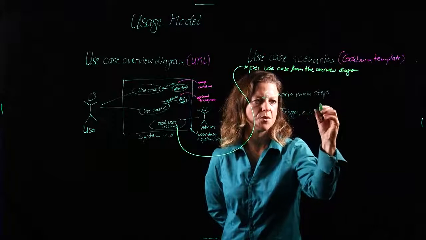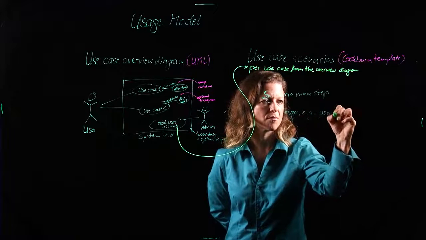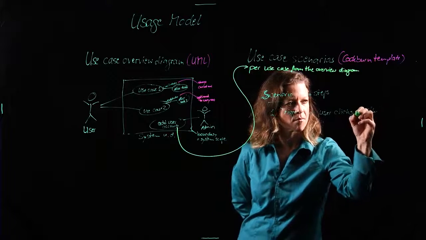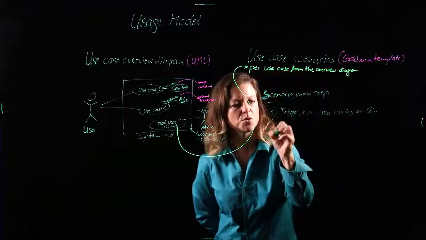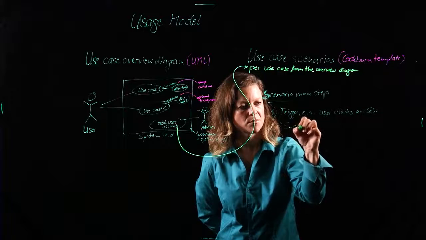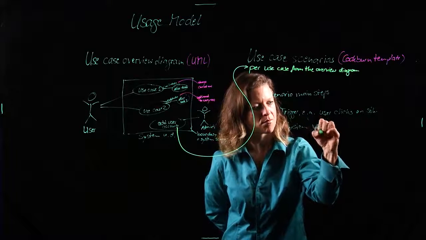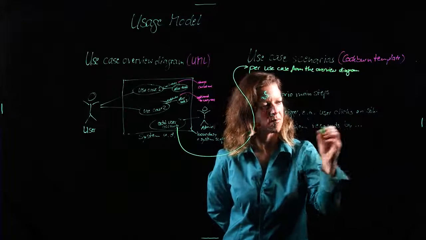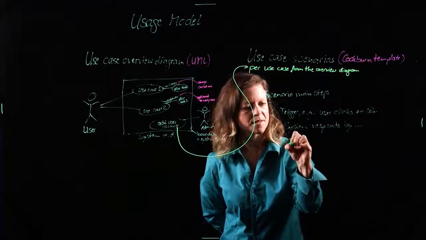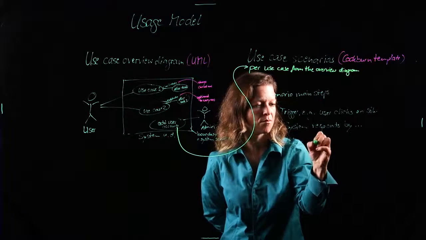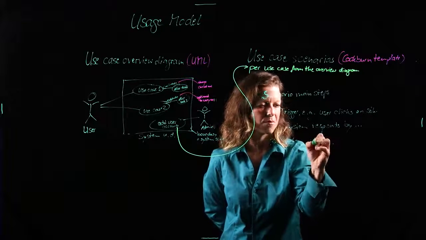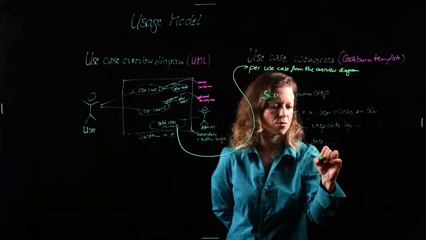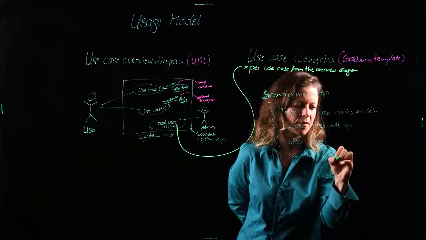For example, user clicks on something. Then number 2 is the system response. Number 3 is then again user performs the next step. System responds by.